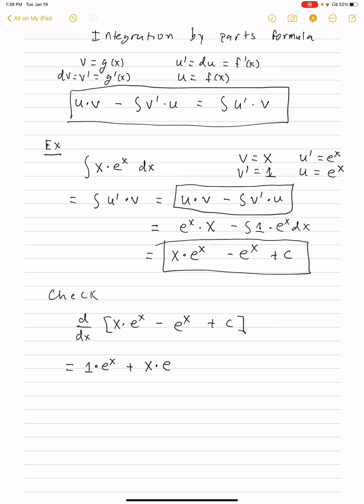The derivative of e to the x is e to the x, so that's the product rule, minus e to the x, and the derivative of the constant is 0. And so this is equal to x times e to the x. That's the thing that was inside our integral when we started this example. So this is a check that the antiderivative of x times e to the x is x times e to the x minus e to the x plus a constant.